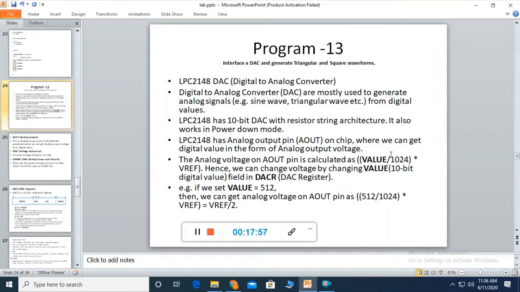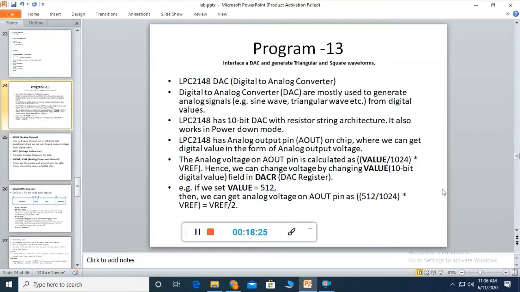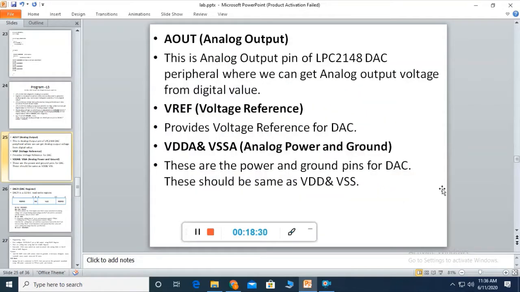Supposing the value given to the DAC is 512, the output voltage is going to be V reference by 2, which is, if you have a 10 volt reference voltage, 5 volts. So likewise, for every digital input you give, a corresponding analog voltage is produced.